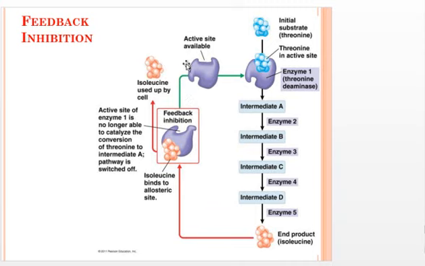When it's used by the cell, then we need more of it, so the enzyme will allow threonine to come in. The threonine comes in, we make more isoleucine. Once we have a bunch of excess isoleucine, it will be bound to this site, stopping the production of more isoleucine until it's needed again. Hopefully that makes sense.